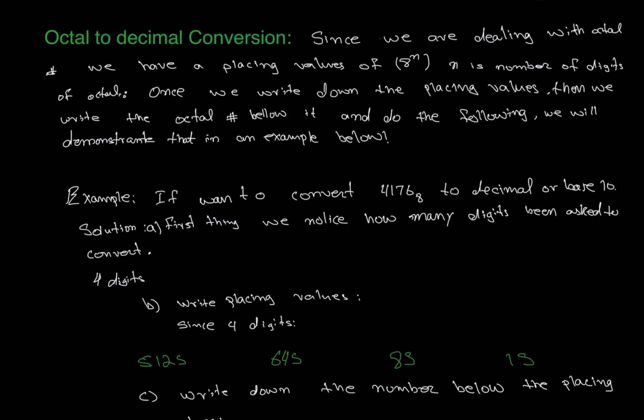But it's an octal number here. The placing value will be 8 to the power n, 8 to the nth power. N should be non-negative, it shouldn't be a negative number. We're dealing with octal numbers, so that will be 8 to the power n.